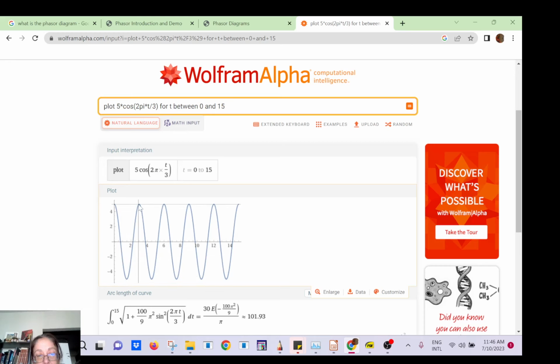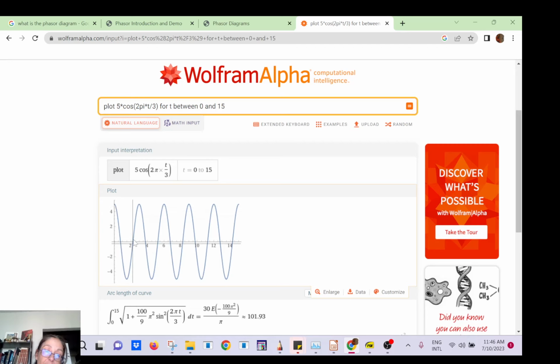Can you see here? That will be the time. So the time for one cycle is 3 seconds. So when you want to describe a periodic motion, typically a cosine or sine, you always put the period here. The period in that case is 3.